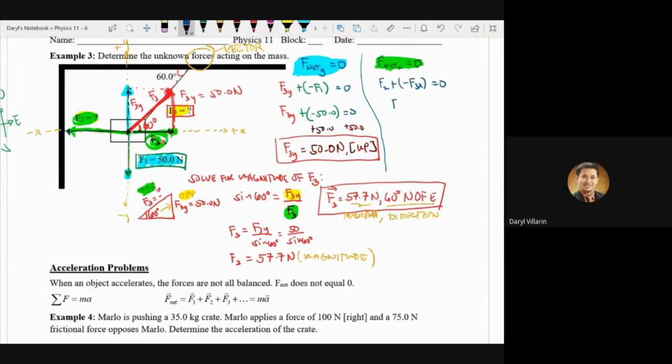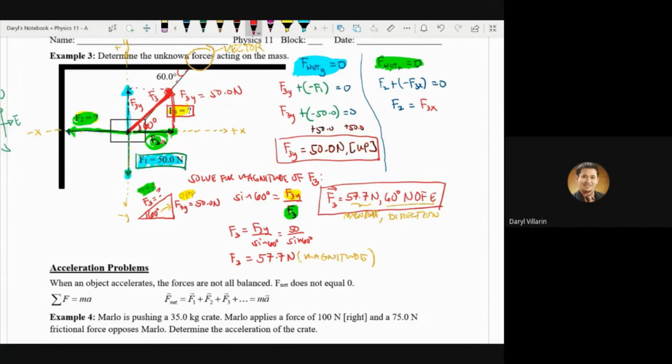So the magnitude of F2 is equivalent to the magnitude of your F3X. The magnitude of both F2 and the X component of your F3 should be equal.